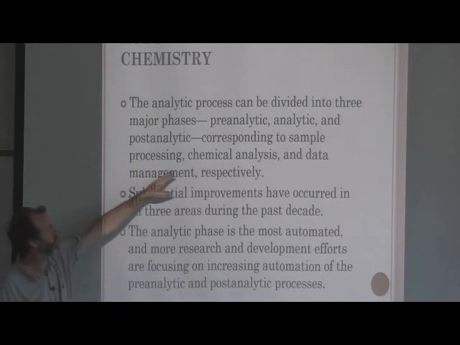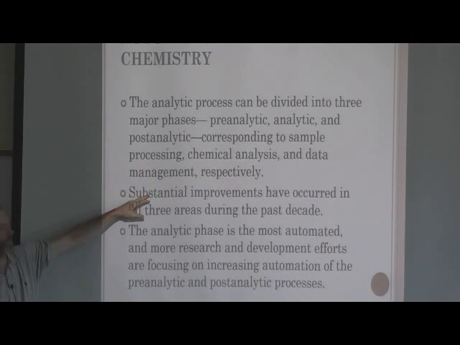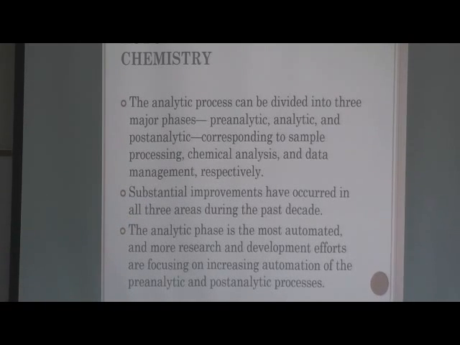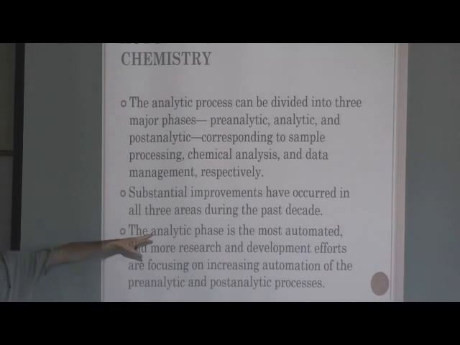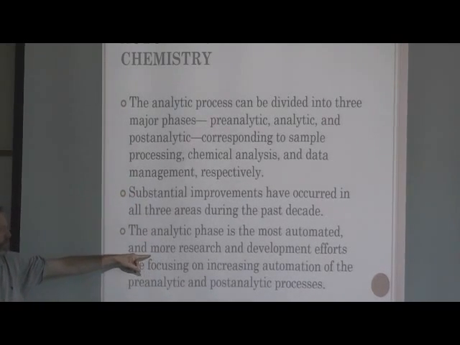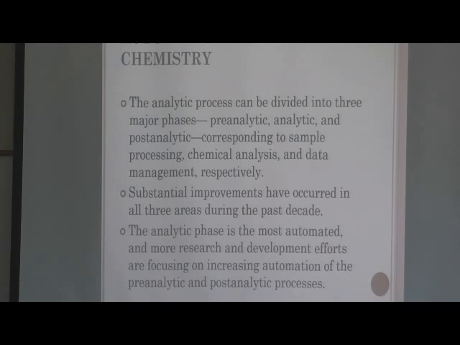Substantial improvements have occurred in all three areas in the past decade, and the analytic phase is the most automated, which was the answer to the question I just asked, right? And research and development efforts are increasing on automation of the pre-analytical and post-analytical processes also.